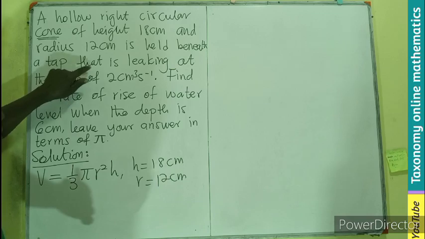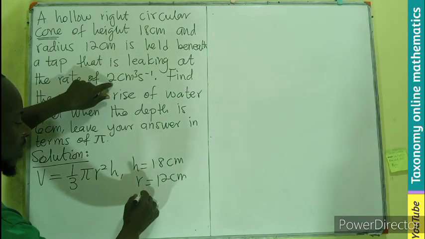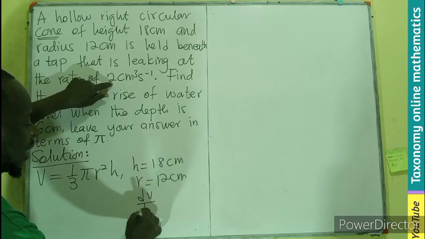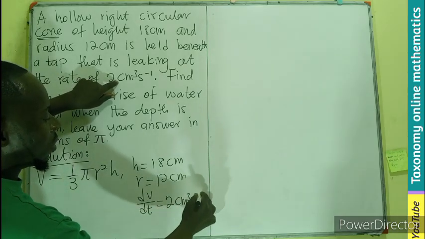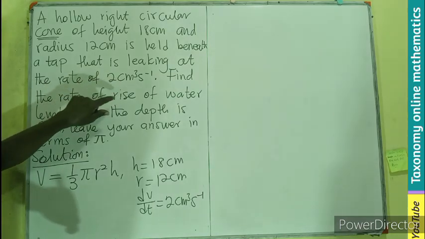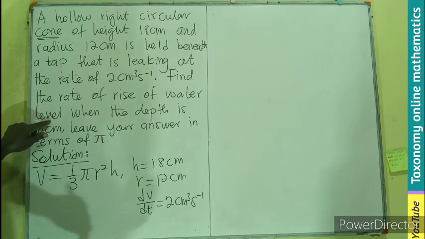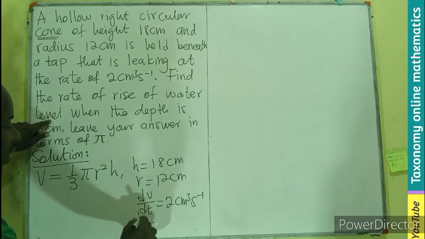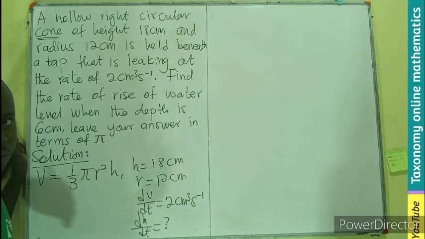Then when the tap is leaking at the rate, meaning the rate of change of volume is given. So dV over dt is given as 2 centimeter cube per second. So what is next? We're looking for the rate of change of what? Of the water level. Which in this case, you're looking for dH over dt. That is what you're looking for.